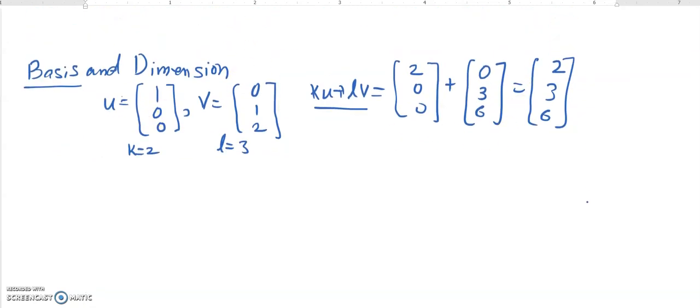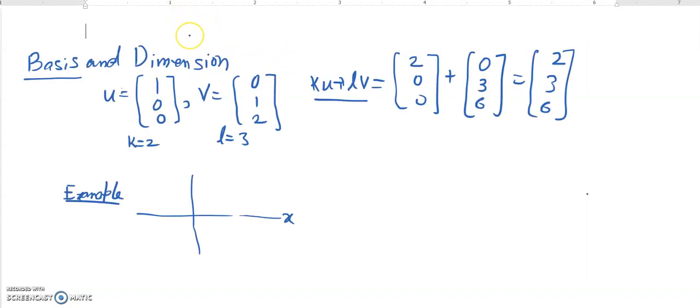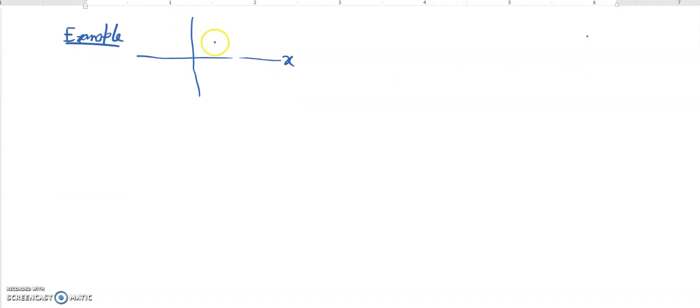Suppose we have two vectors represented by this. These are the x and y axes. So for example, one vector is this and the other vector is this.